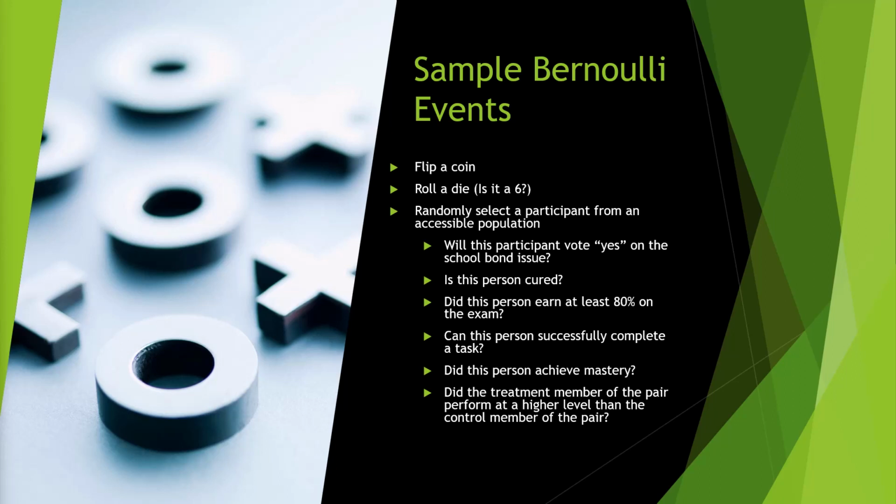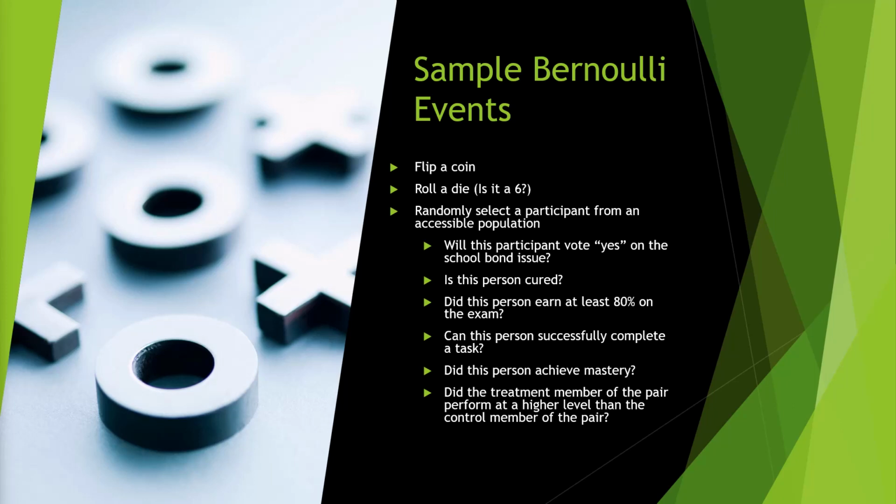This would be a random event even if the participants were not randomly selected, but rather we randomly assigned each member of the match pair to a treatment or control condition. Then the fact that the treatment member of the pair performed at a higher level than the control member of the pair would be one of two possible outcomes, the other one being that the control member of the pair scored higher than the treatment member.